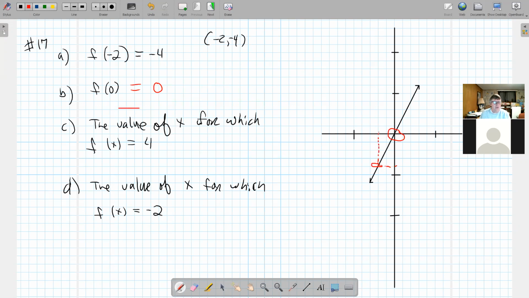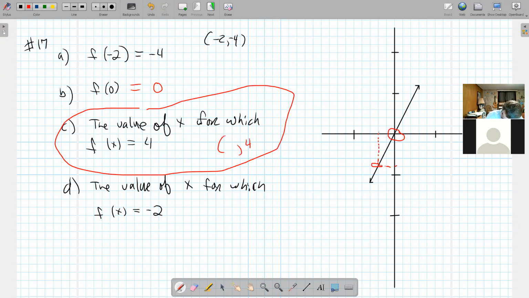Well, now part C, things change a little bit. It says the value of x for which f of x equals 4. So now what they want us to do is find x when f of x, which again is another name for y, is 4. So we want a point on the graph where the y value is 4. What's the x value right there? 2. So x equals 2.